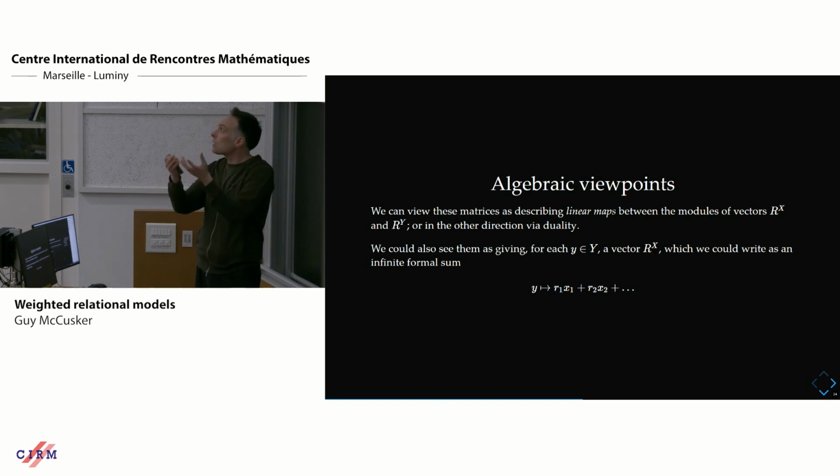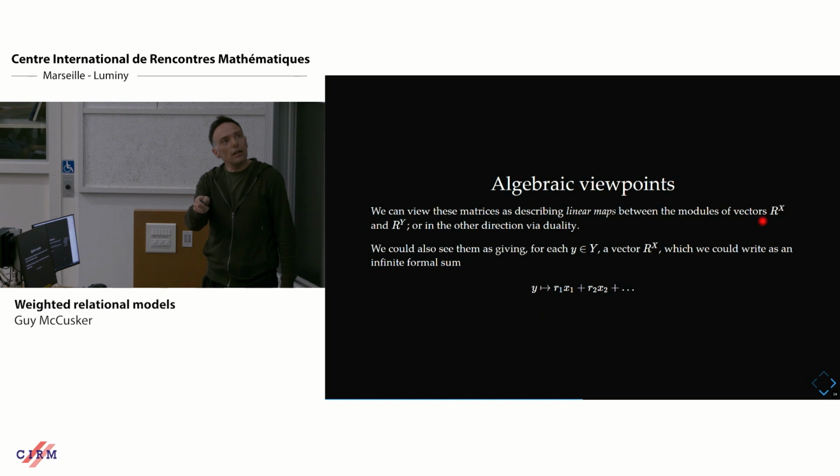And a matrix, just like in the rest of algebra, describes a linear map between these things. So it's like the free semi-module on the basis x to the free semi-module on the basis y. So that's one way of viewing these things. So we've got a matrix view, we've got a view of them as linear maps. We can equally look at them as linear maps in the other direction.